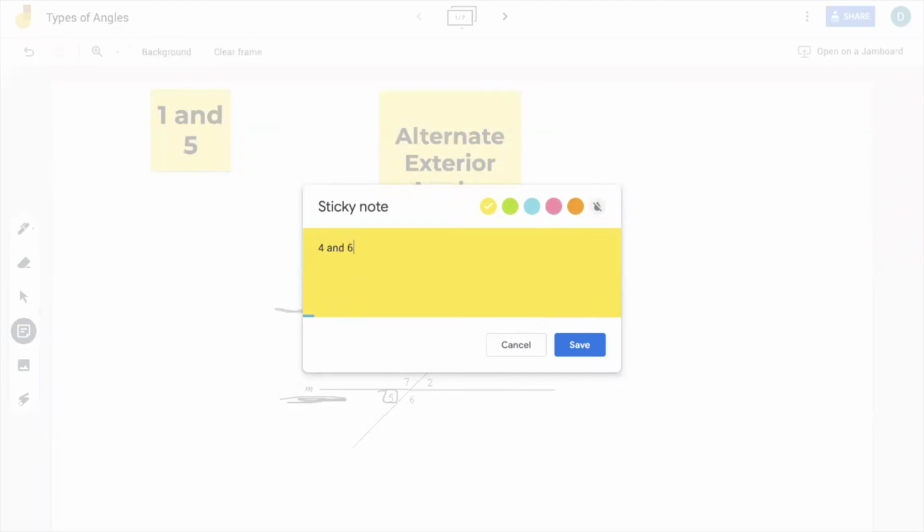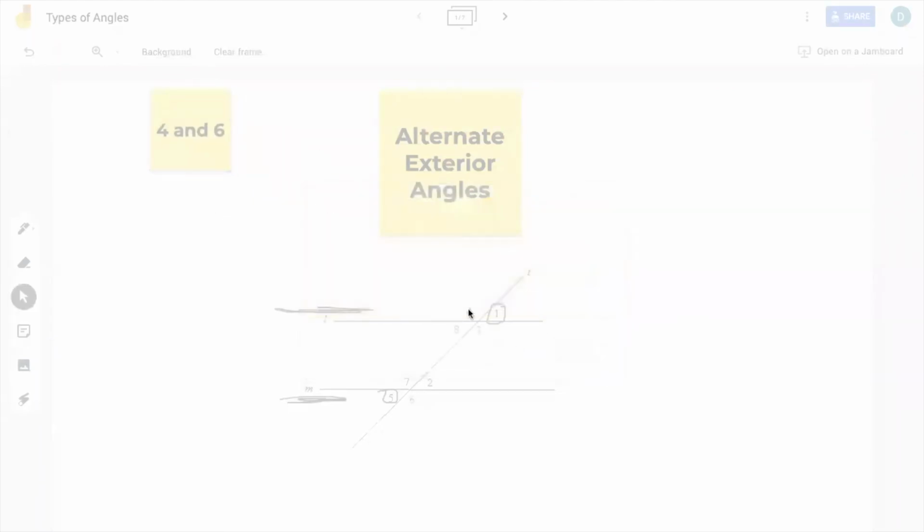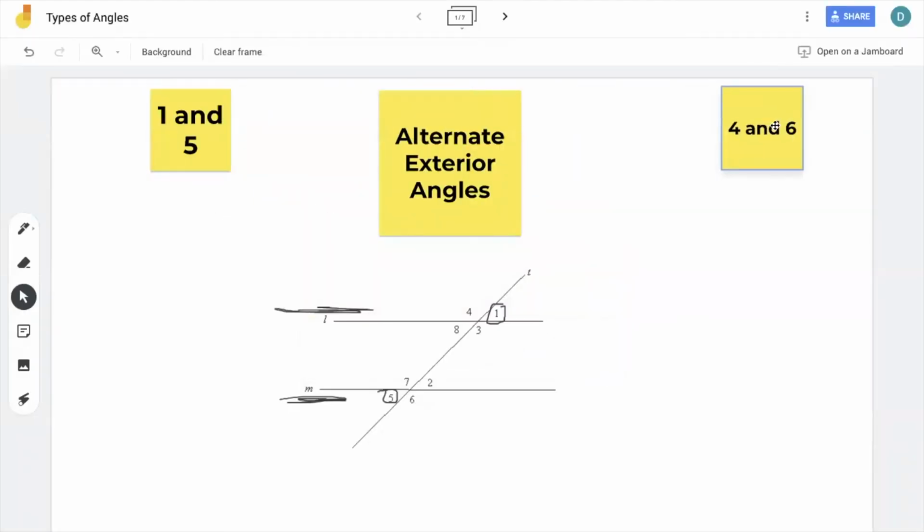Now, why is this important? What's the significance behind an alternate exterior angle? Well, basically, alternate exterior angles have the same measure. For example, if angle 1 was 45 degrees, angle 5 would also have to be 45 degrees.